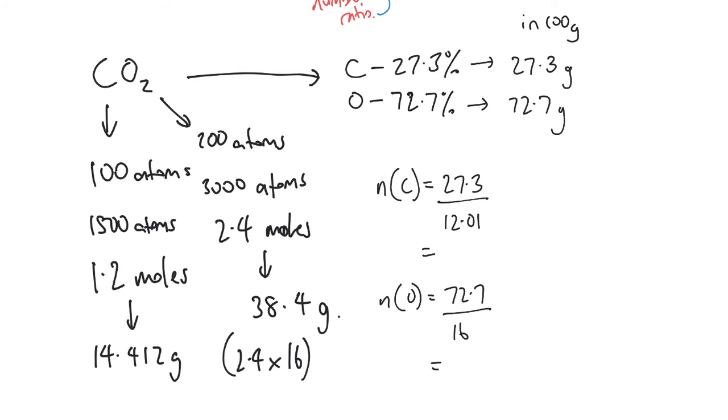Okay, so it would be, hopefully that's right, 27.3 divided by 12.01 would be 2.27, right? And then 72.7 divided by 16 would be 4.54 moles. Okay.